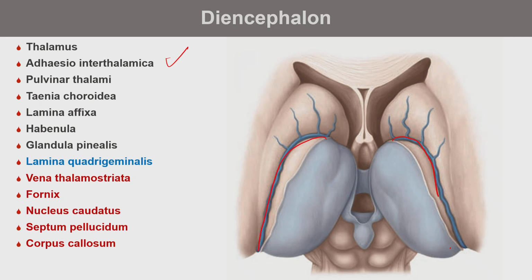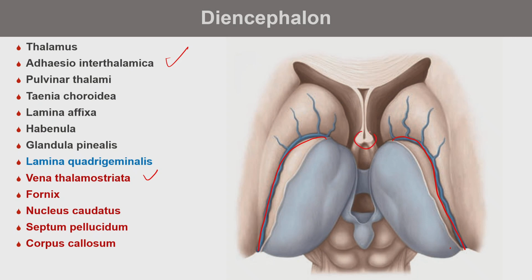The vein is in the groove between the telencephalon and diencephalon, and is called vena thalamostriata, the thalamostriate vein, which is draining, as the name says, blood from the thalamus and brain from the striatum. The striatum is a part of the basal ganglia, which we will have in this lecture also.